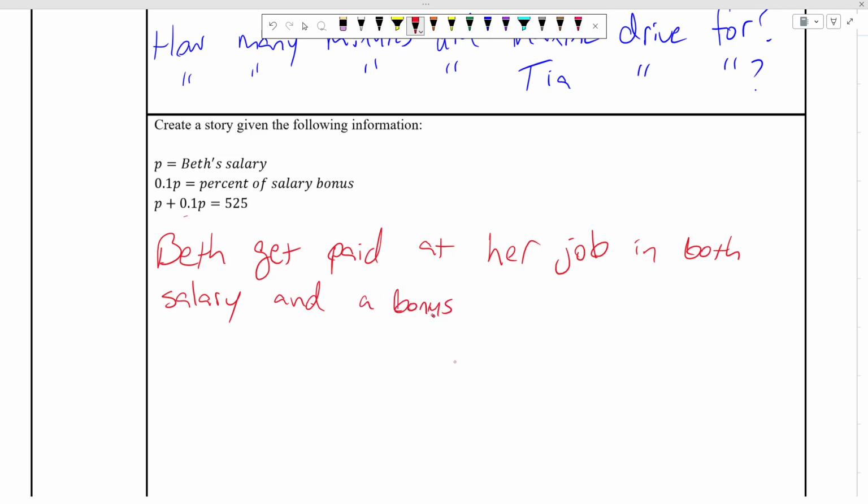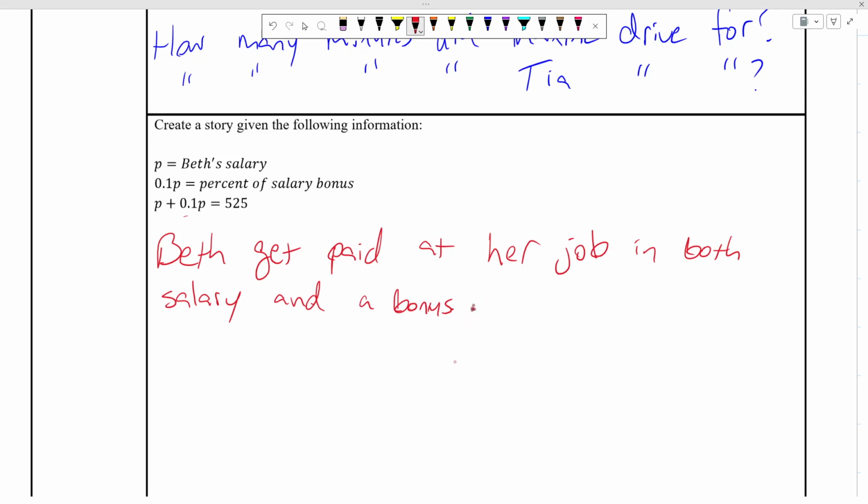Now you could think, this could be all sorts of different professions. The profession doesn't really matter. This could be a waitress. This could be a professional working in a corporate role. It could be all sorts of things. The profession itself doesn't matter, right? We're just putting a story together that makes a little bit of sense here.